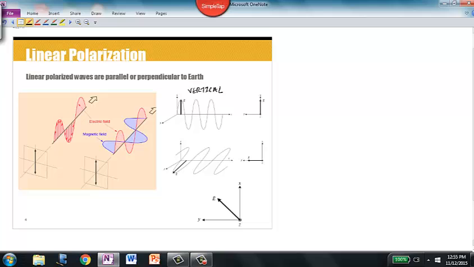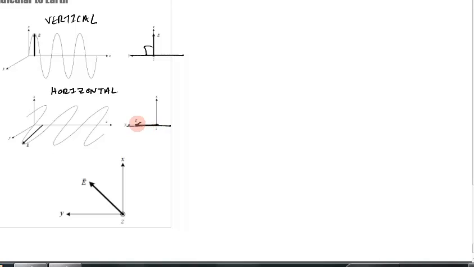The second type of linear polarization is when the electric field vector is parallel to the surface of the Earth, and this is called horizontal polarization. This plane represents the surface of the Earth. The E field in vertical polarization is perpendicular to it, and the E field direction here is parallel to it, or in line with the surface of the Earth.